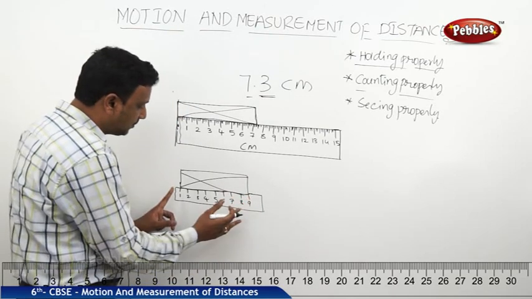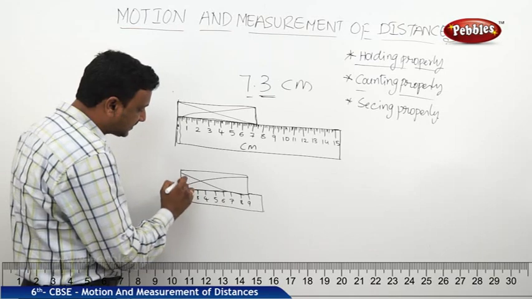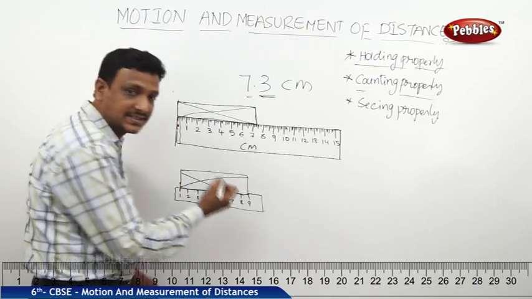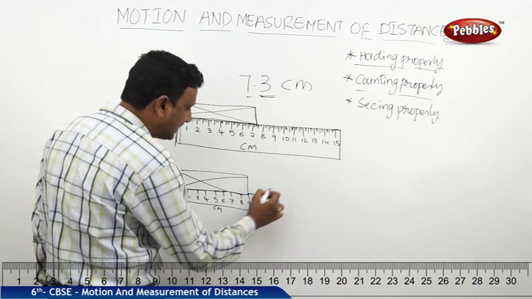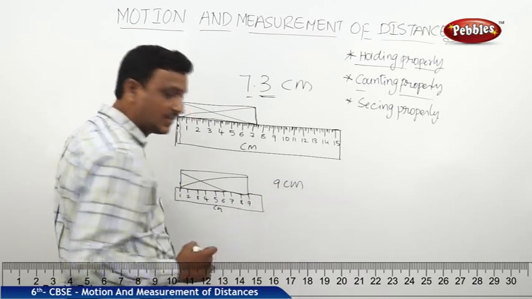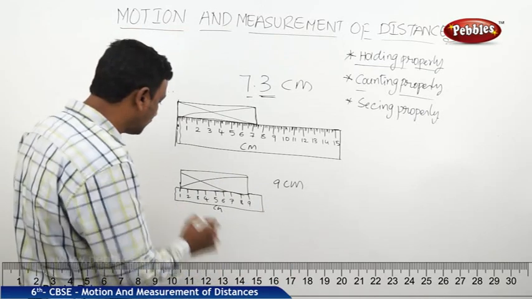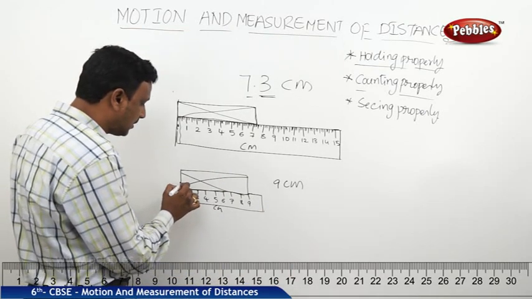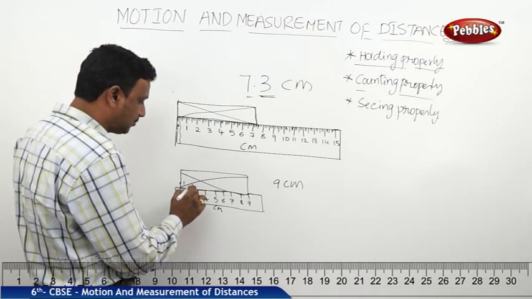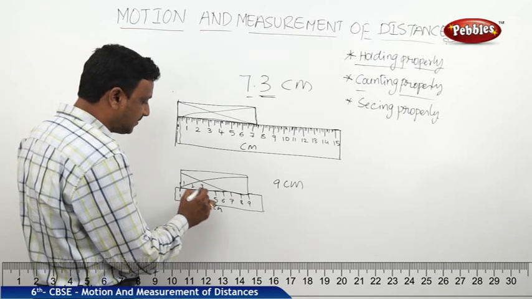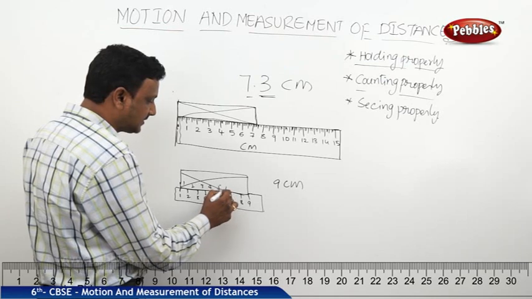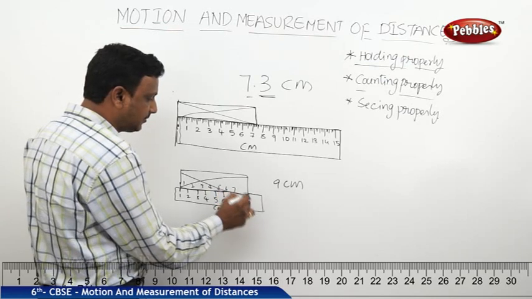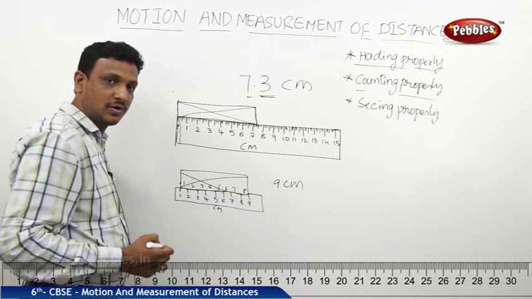You kept the scale like this against the box. It started at 1 and ended at 9. So you cannot say that this is 9 centimeters. How can it be 9 centimeters? Let us count. Here to here is 1 centimeter, here to here 2, 3, 4, 5, 6, 7, 8. It is only 8 centimeters, not 9.